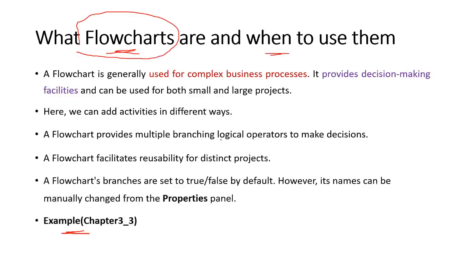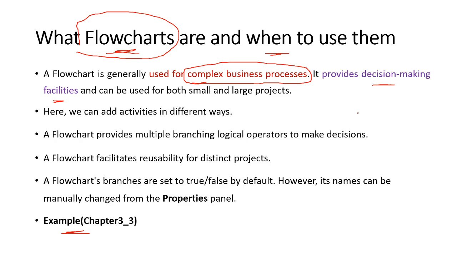Okay, we shall start with the flowchart. As per the author, a flowchart is generally used for complex business processes. It makes automating a complex process simple, and it provides decision making facilities. For example, you have seen if, else, switch. These are statements which you have used in Java or in C in order to control the flow of execution, right?